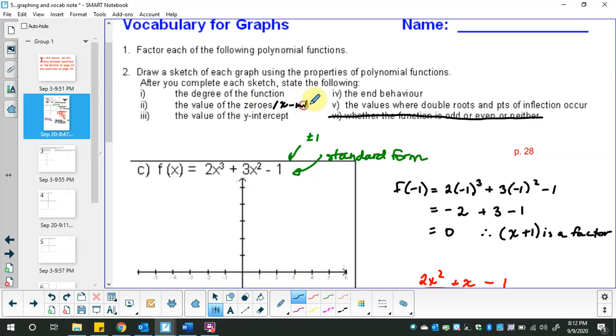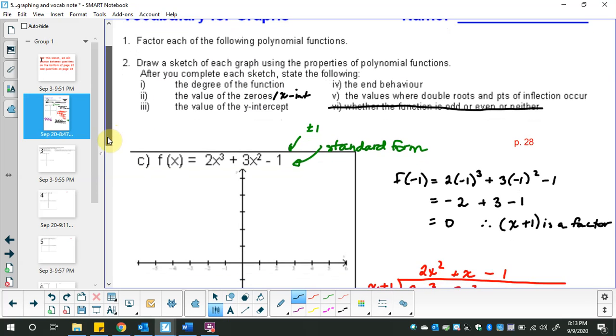So the whole point to finding factored form is so that you can find the X-intercepts. Yes, I am absolutely aware that the degree of the function is something I skipped. It should be pretty evident, but I'll come back to it in a second. We'll take care of the Y-intercept. We will not take care of the sketching until I come back to the question.